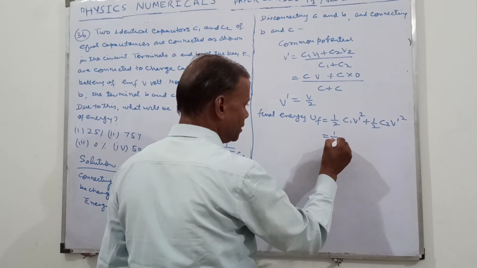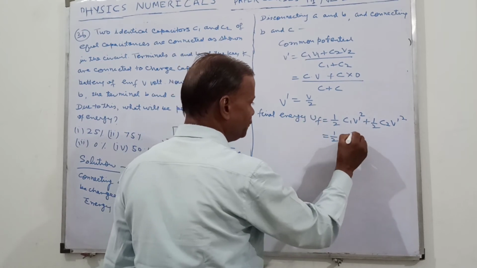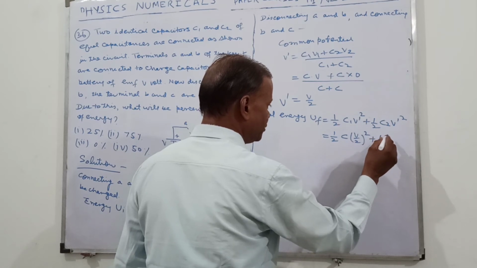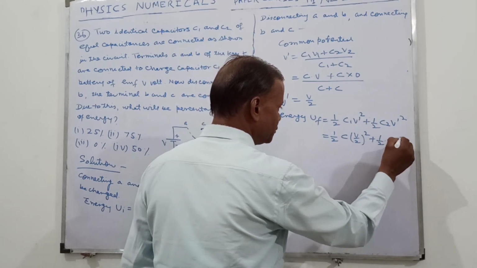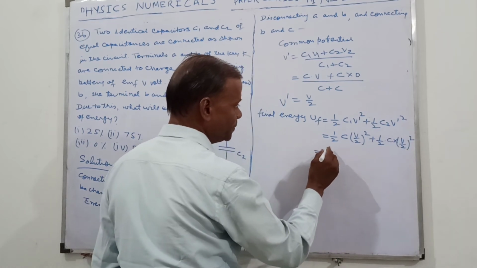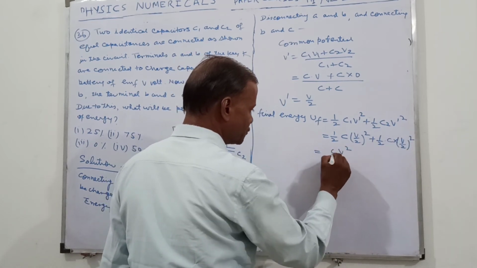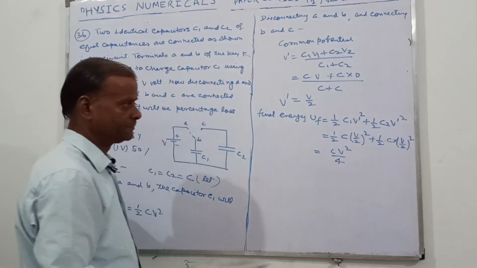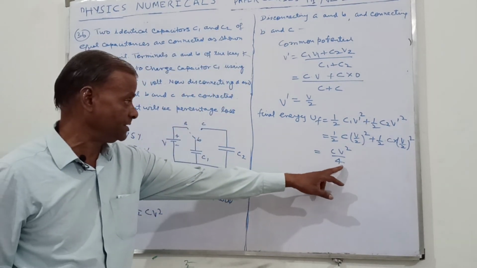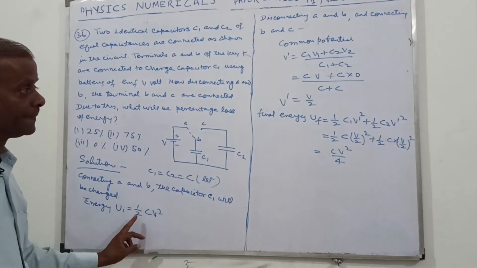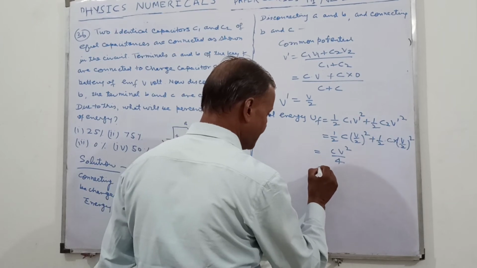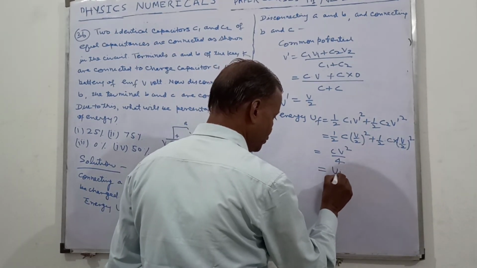So this is equal to half C into (V upon 2) whole square plus half C into (V upon 2) whole square. So this will be CV square upon 4. So what you find is that this energy is just half of the initial value, Ui upon 2.